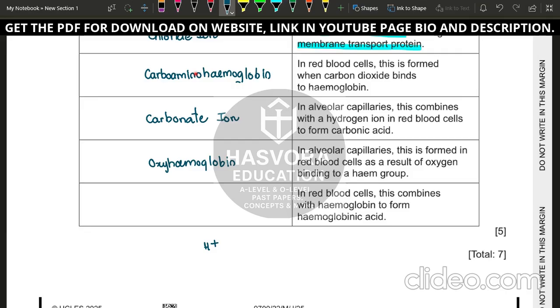So the hemoglobin releases its oxygen and binds with this H+ ion. So the H+ ion combines with the hemoglobin. So this forms your hemoglobinic acid. Okay, so this will be your hydrogen ion.